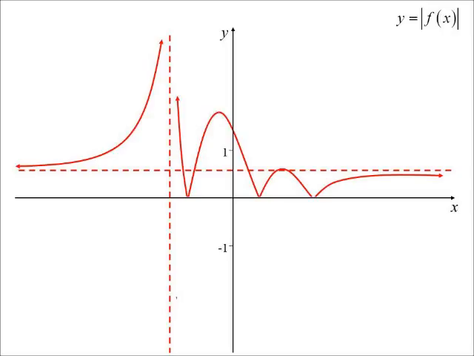Because the answer originally was saying -2, but we're saying y is the absolute value of that, so it now becomes positive 2. And any negative number now becomes positive. So whatever's below disappears, bang, gets reflected above. So that's y equals the absolute value of function x.